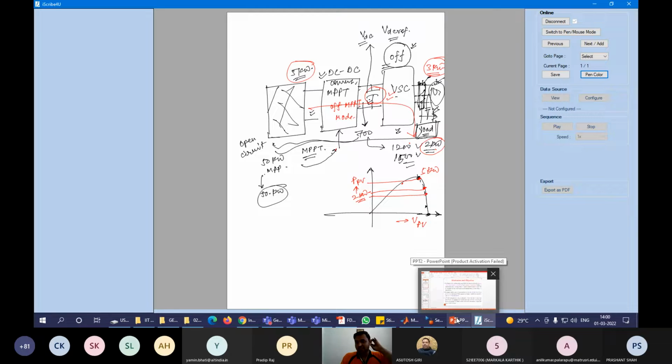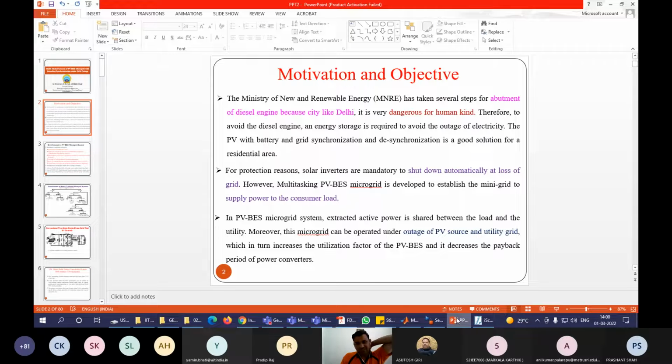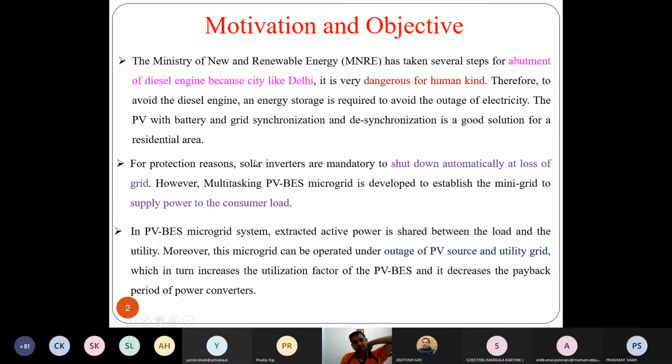Yes. So this way we can operate these systems. Due to protection reasons, we have to shut down these solar inverters at the loss of the utility grid. However, the feature which we have discussed right now, the multitasking photovoltaic battery energy storage microgrid, has been developed to establish a mini grid to supply power to the consumer load even at loss of the grid.